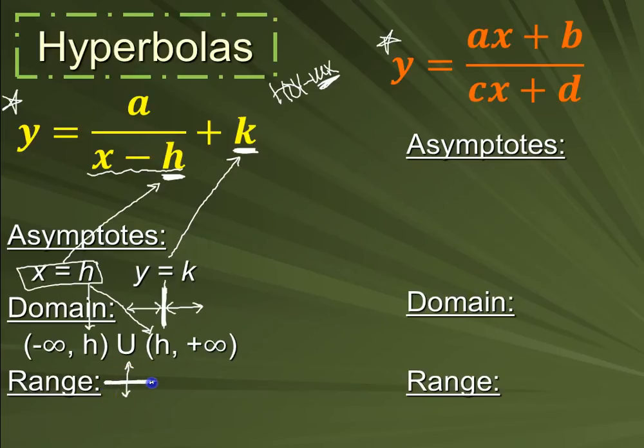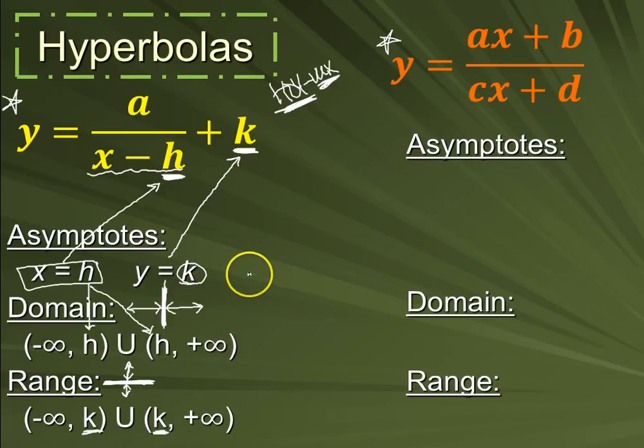A horizontal line. So if it's horizontal, it's going to be the y. So this k is what's restricting the range. It's going to be everything except for that y, or that k.